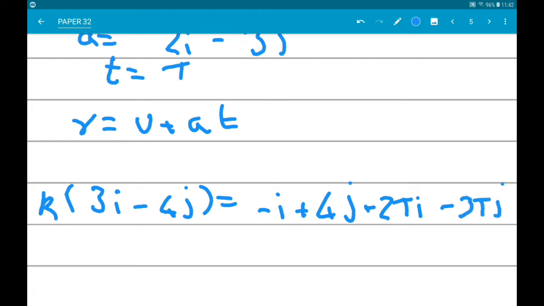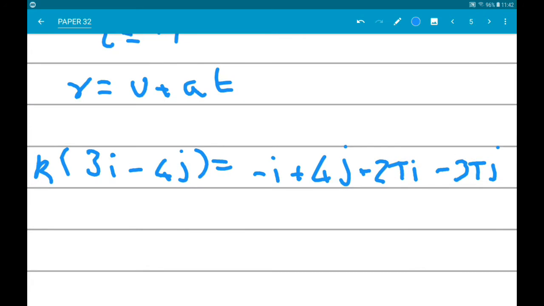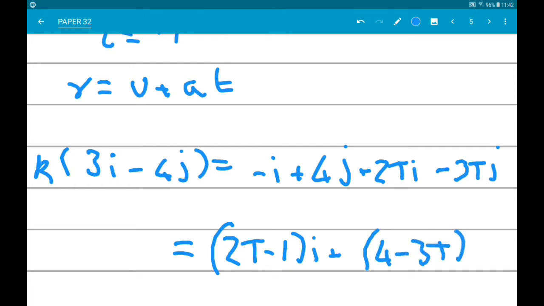Alright, so on the right we have 2t minus 1 i add 4 minus 3t j. Alright, now remember we don't know the actual final velocity.